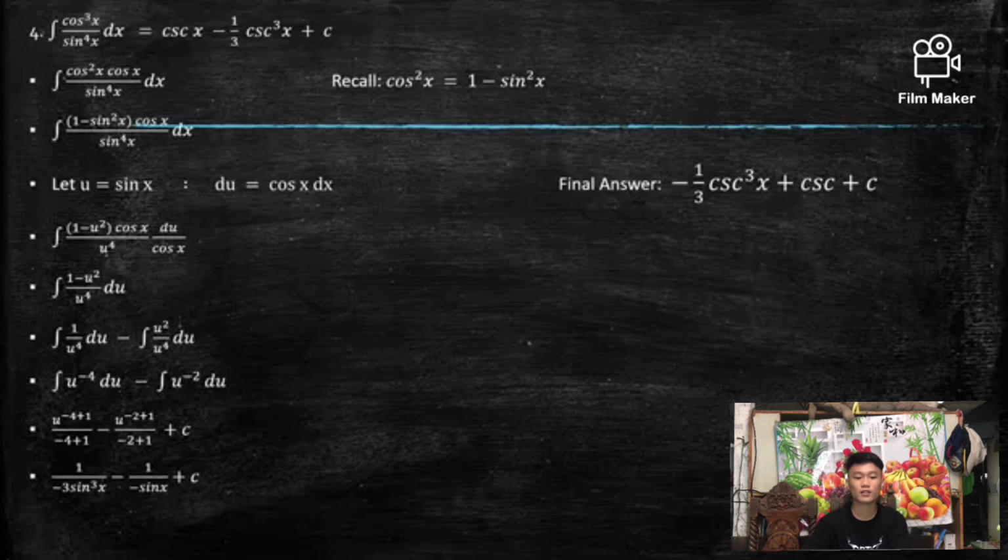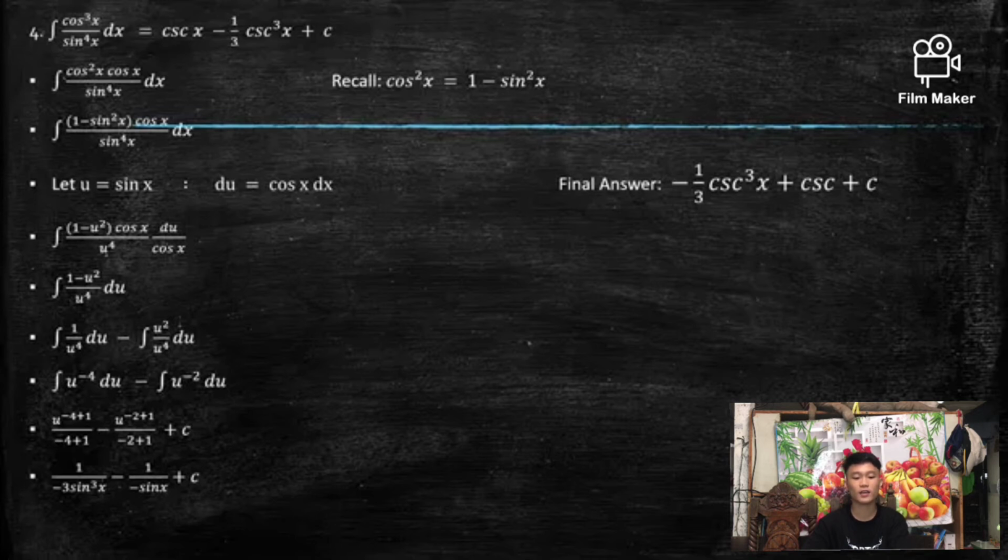Also, in order to answer it, we need prior knowledge of the Pythagorean identity. Let's recall, cos squared x equals 1 minus sine squared x. Knowing the Pythagorean identity, we can now substitute 1 minus sine squared x for cosine squared x: the integral of the quantity 1 minus sine squared x times cosine x over sine raised to 4 x dx.